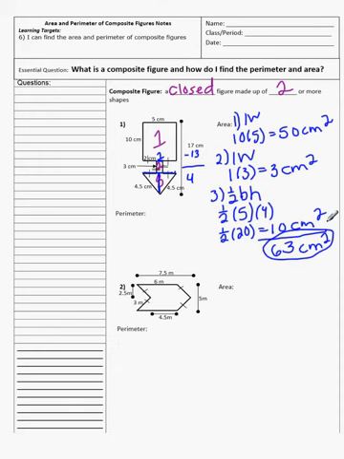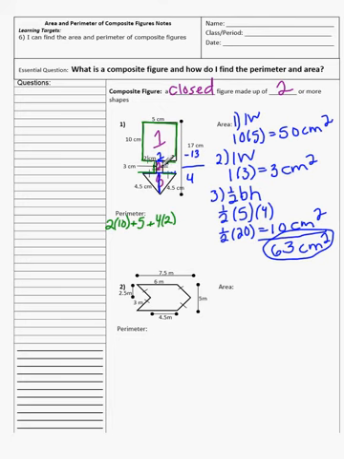Well, to find the perimeter, all we want to do is look at the outside of the shape. So we know we have a side of 10 and another side of 10, so we have 2 sides of 10. We have a side of 5. We have 1, 2, 3, 4 sides of 2.